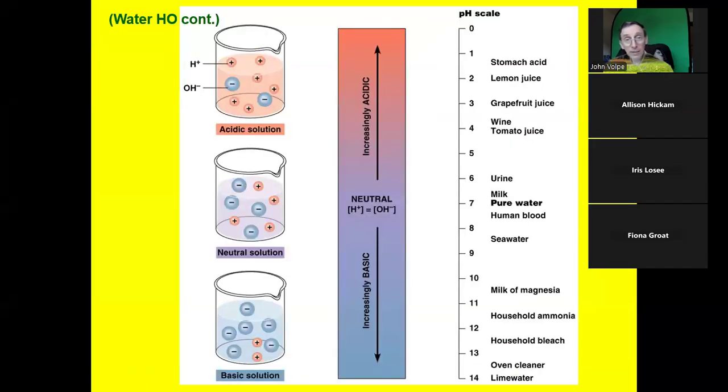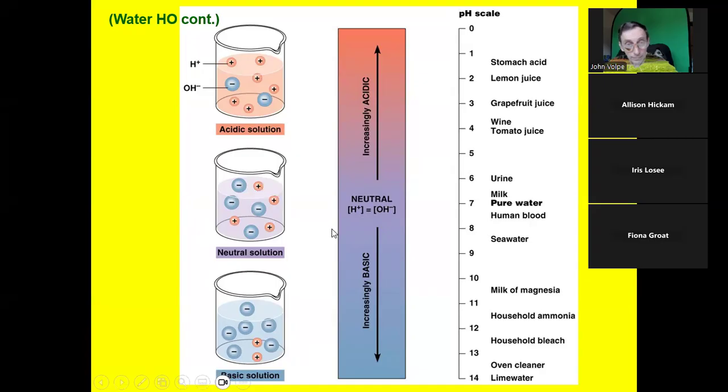All right, the pH gives rise to the acidity or alkalinity. Neutral water, when H2O breaks apart into H+ and OH-, will have equal numbers of OH- and H+.